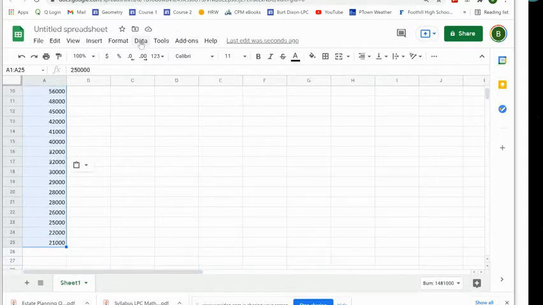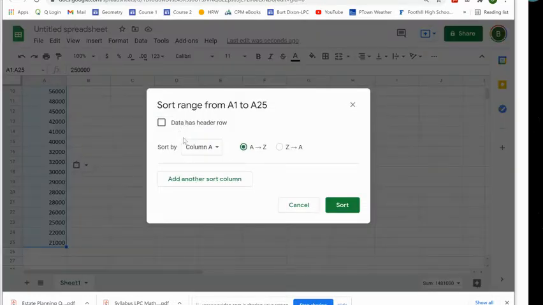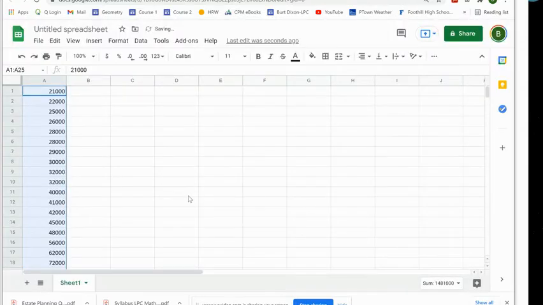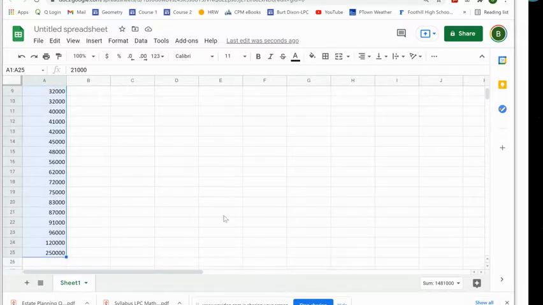And if I go to Data, Sort, this is telling me I can sort directly column A, or if I want to put in a specific range, then that's usually what I do is sort range, column A, and then from A to Z. And so if we sort those now, put them in order from smallest to greatest. Okay, and so that helps you for finding the median, definitely.